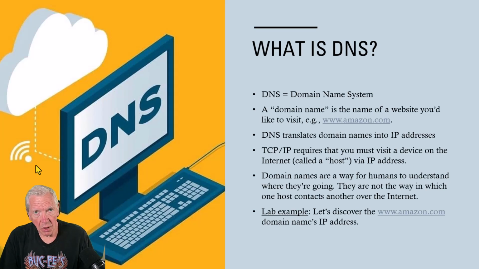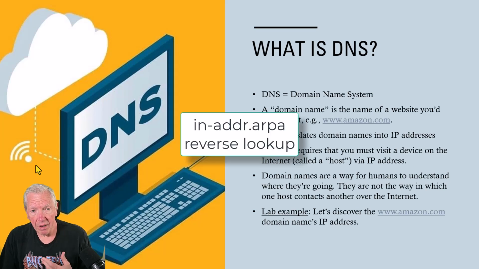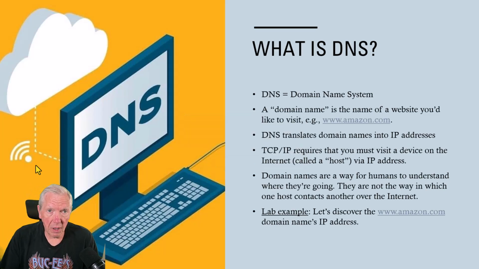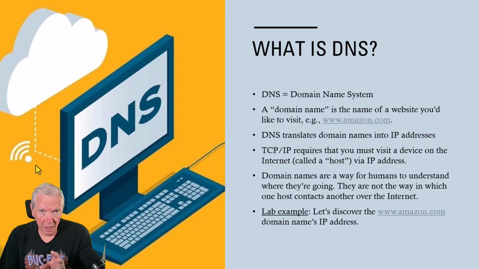Now, DNS's whole job is to translate domain names into IP addresses. DNS also keeps a reverse lookup table called in-addr.arpa, and it can take an IP address and translate it into a host name, and that is another common use of DNS. It's not nearly as common as translating a domain name into an IP address, however.